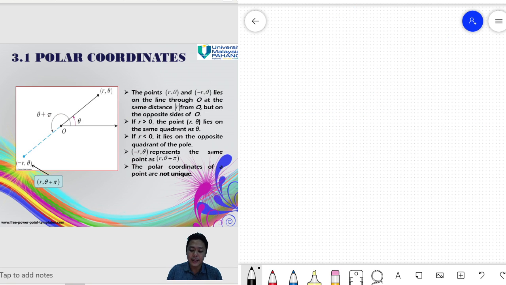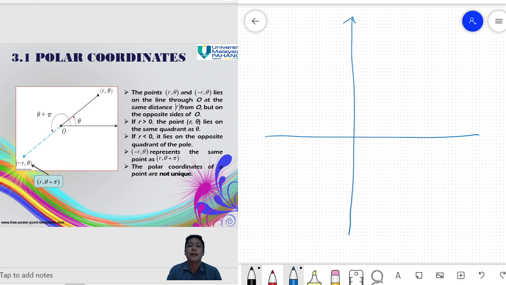Before I proceed, let me recall some of the fundamentals needed so that you can understand this chapter more easily. In the topic of trigonometry, we name these the first quadrant, second quadrant, third quadrant, and fourth quadrant.